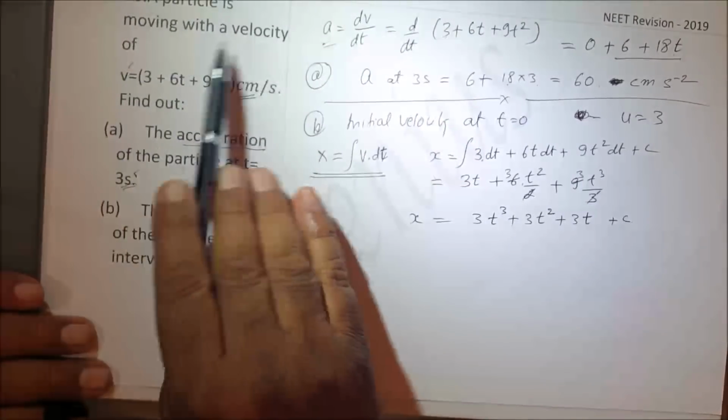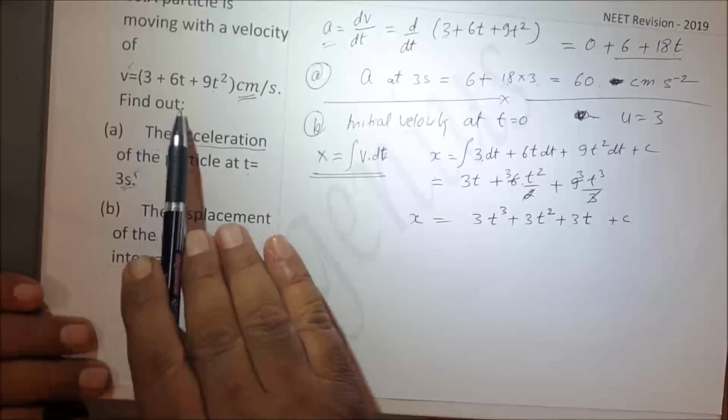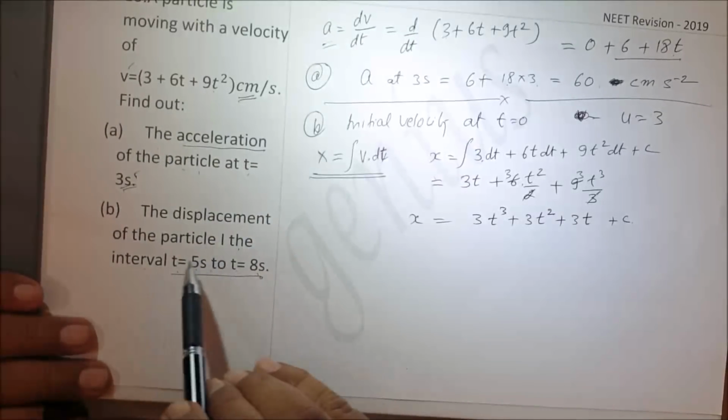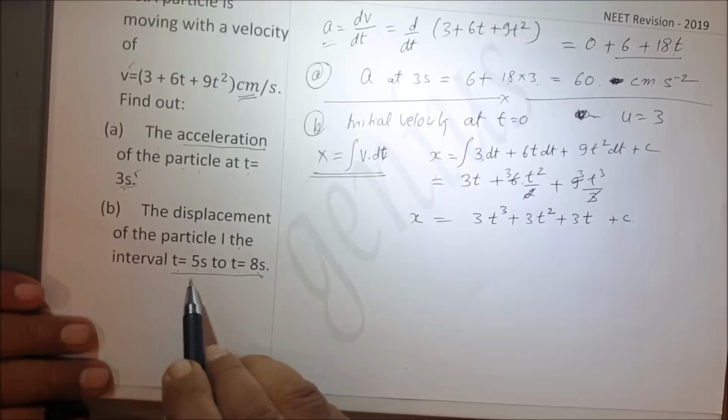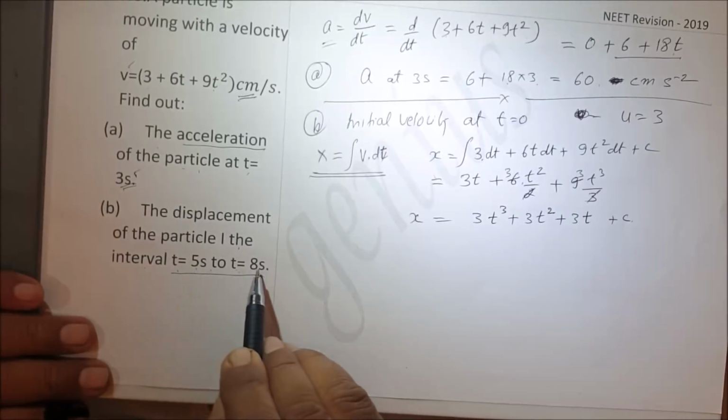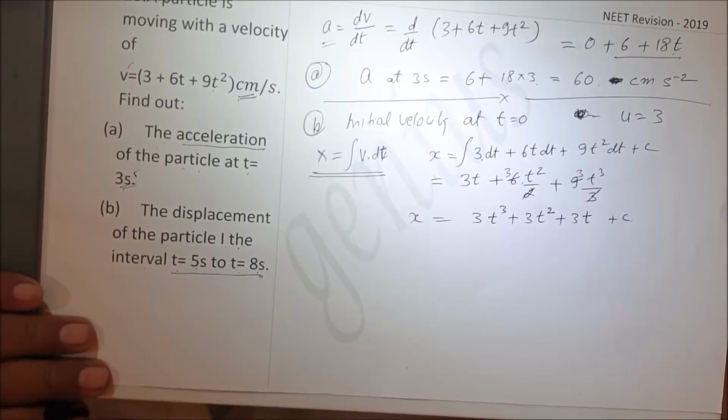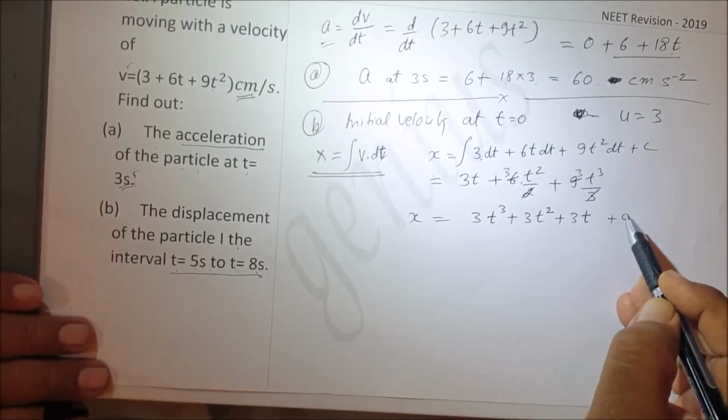We need t equal to 5 and t equal to 8. Two values. We don't know the value of the constant.